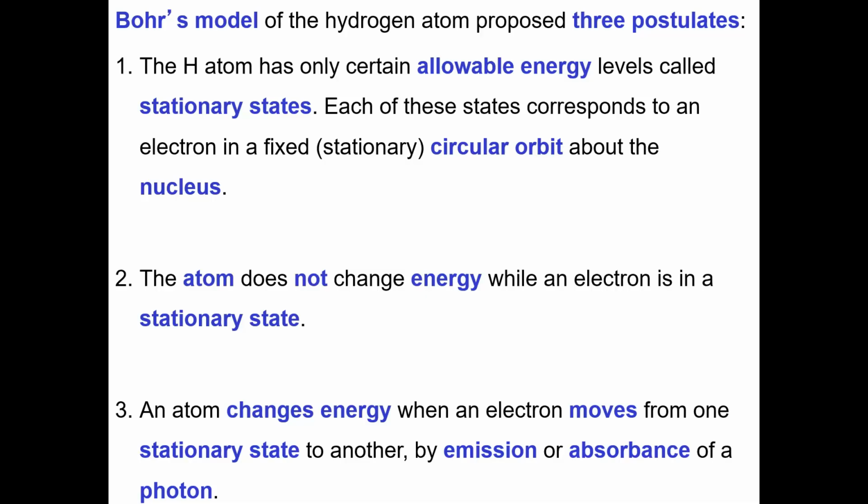However, when a photon is emitted or absorbed, an electron will change its position and move to a different stationary state. When a photon is absorbed, it moves away from the nucleus, and when a photon is emitted, it moves towards the nucleus.